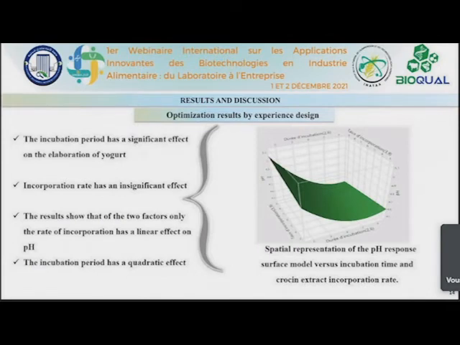Regarding the optimization by response surface methodology, the results show, as indicated by the spatial representation, that the incubation time has a significant and quadratic effect on the preparation of the yogurt, and that the incorporation rate has no significant effect. We also notice that among these two factors, only the incorporation rate has a linear effect on the pH.